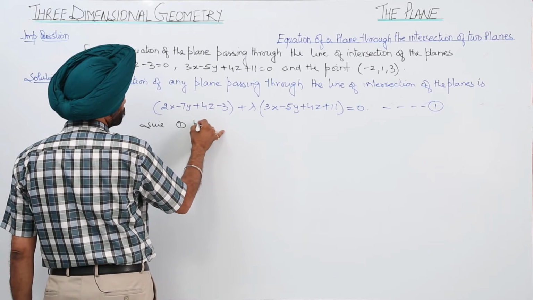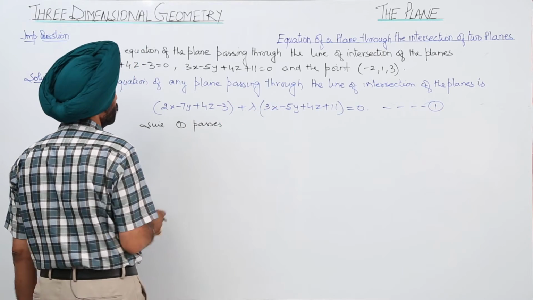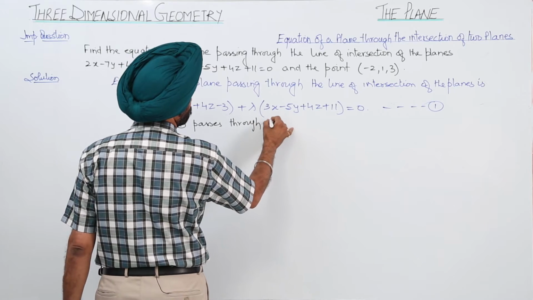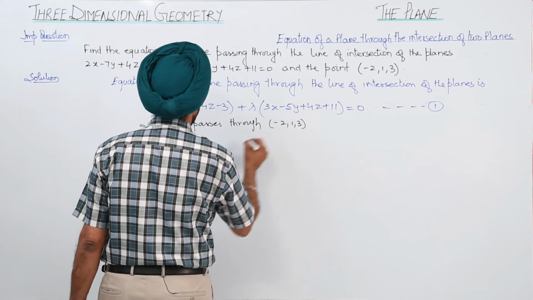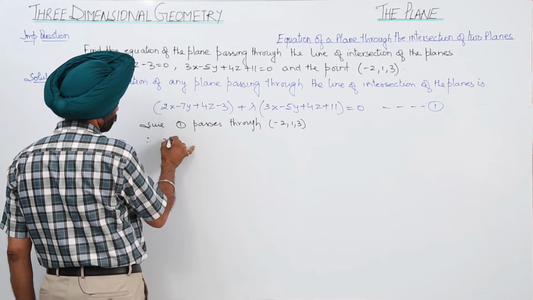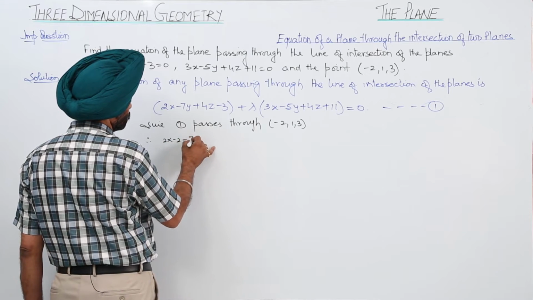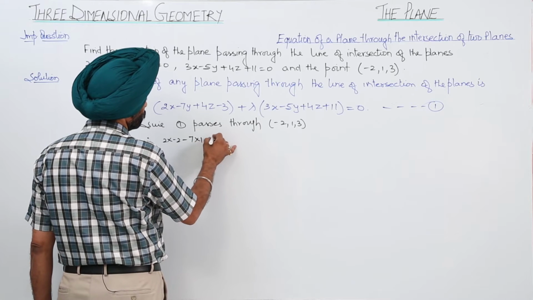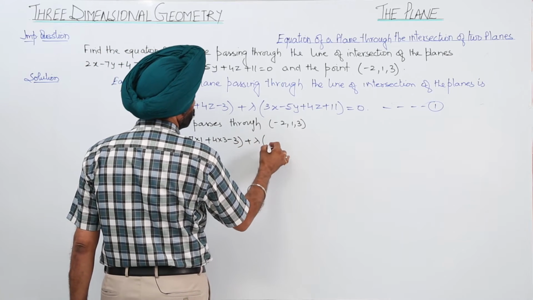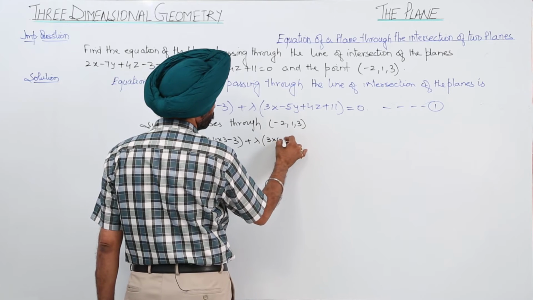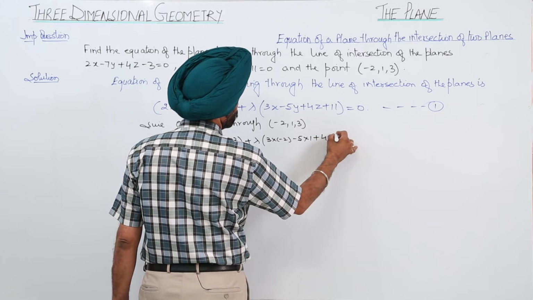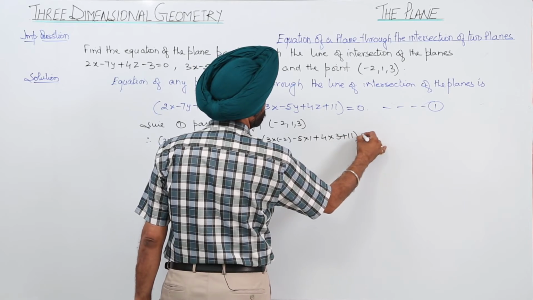Since equation 1 passes through (-2, 1, 3), therefore, 2 times -2, negative of 7 times 1 plus 4 times 3 minus 3, plus lambda times (3 times -2, negative of 5 times 1 plus 4 times 3 plus 11) is equal to 0.